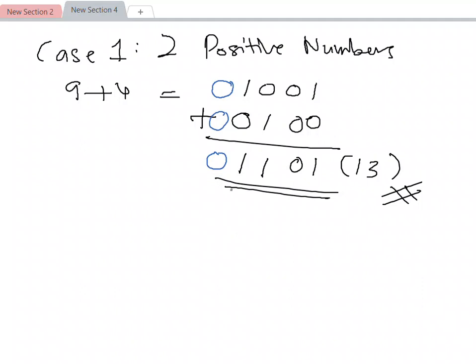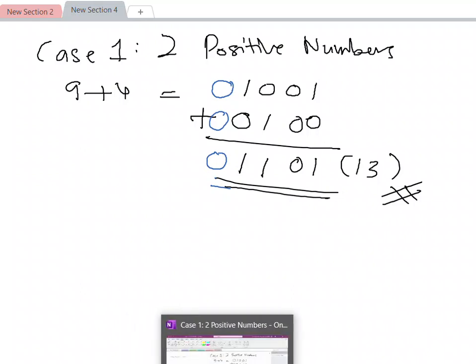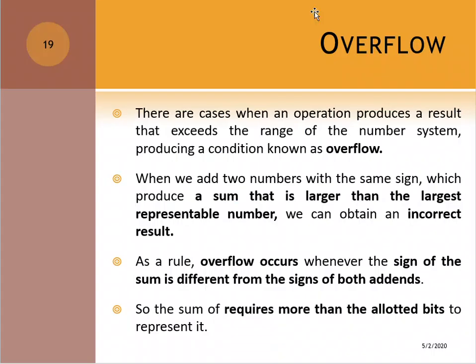Now the number starts with 0, meaning that it is positive. So the computer won't misunderstand the sign of the number. So that's what it means by overflow.